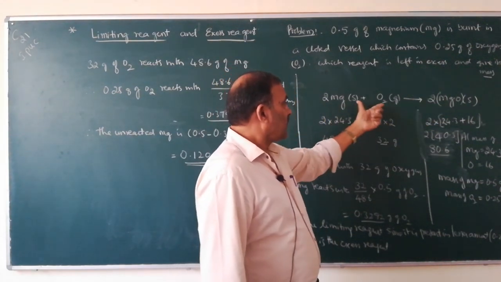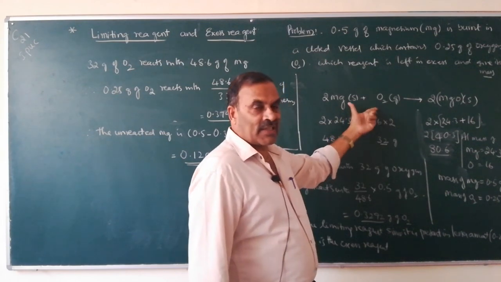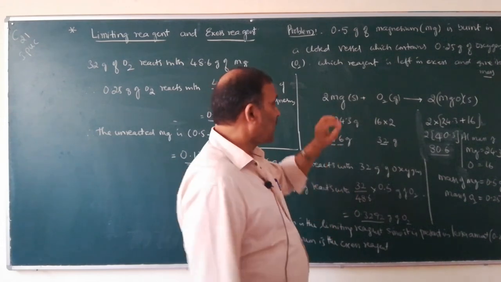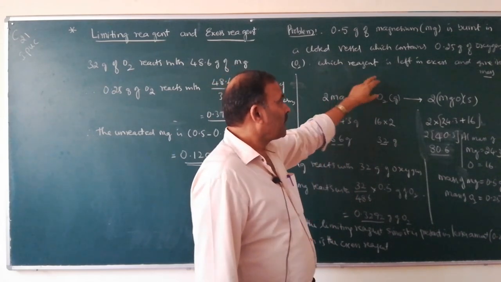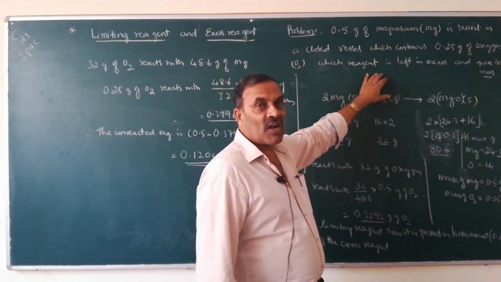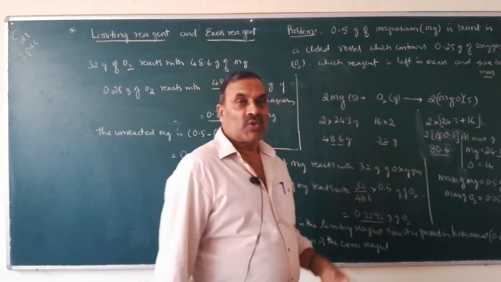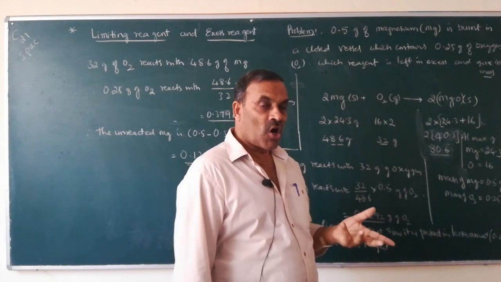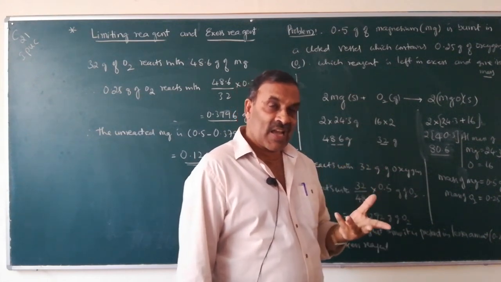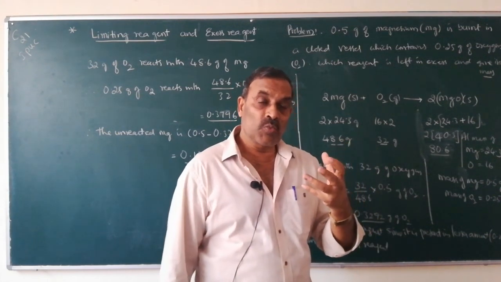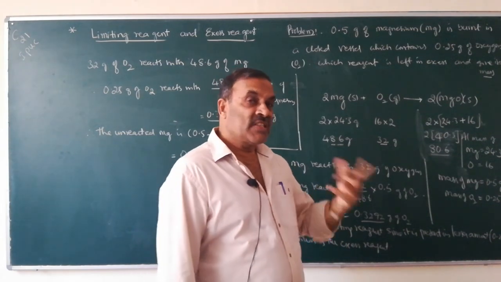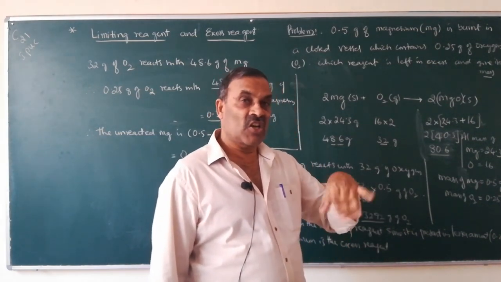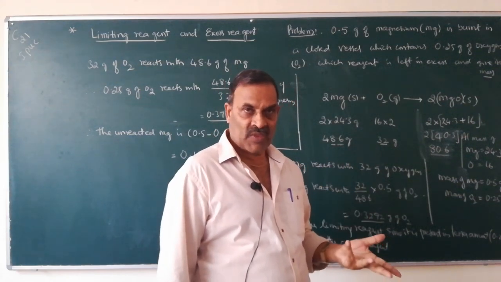Magnesium and oxygen are the reactants. We have 0.5 gram of magnesium and 0.25 gram of oxygen. We have to determine which is the limiting reagent, consumed completely, and which remains unreacted, called the excess reagent.